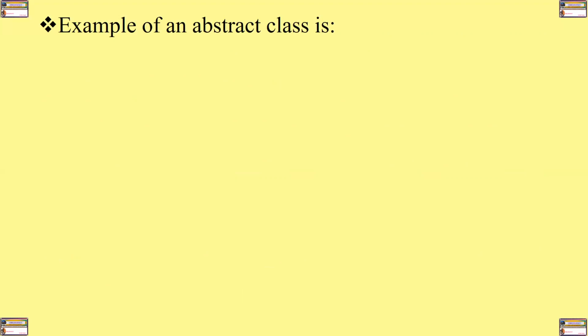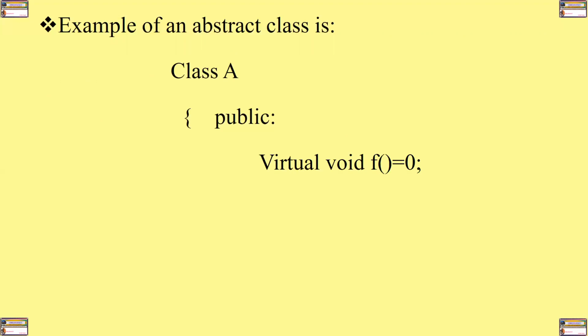An example of an abstract class is class A, which has the following public members. One member is the function called f, which is a void function.